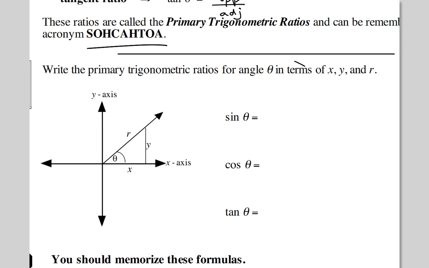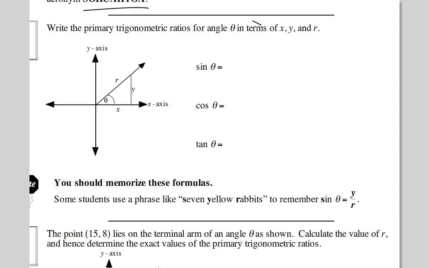Now when you get into higher levels of math, they try to standardize it even further. Rather than using op and hyp, even though it is the same and is true, they're going to put it on the coordinate plane, the two space, the graph basically, and they're going to use x, y, and r. X for your left, right, y for your up, down, and r for the radius.